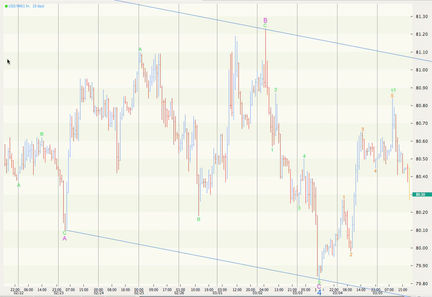Wave A just off to the left here was very clearly a 3-wave structure, so this is definitely a flat correction. B corrected right up to nearly the start of A, and it does meet the requirements for a flat correction. Thereafter, we see a 5 waves down for C, which is exactly what we expect to see, and it's reached a little bit below the bottom of A, exactly what we expect for a regular flat correction.